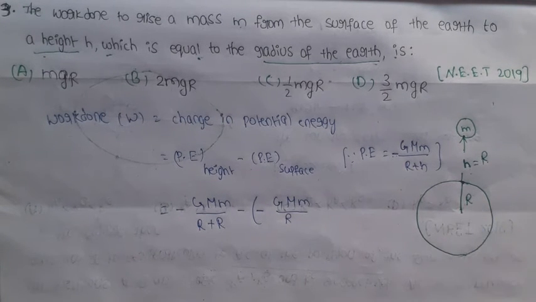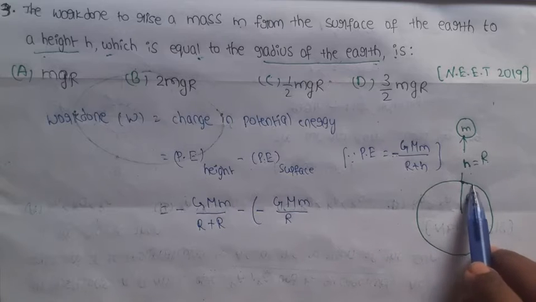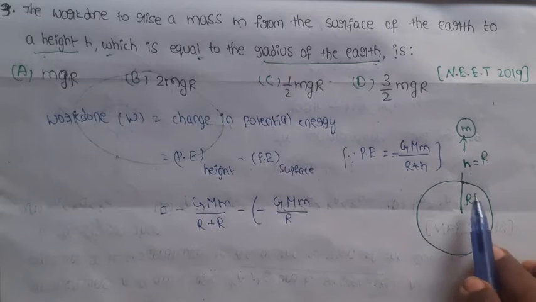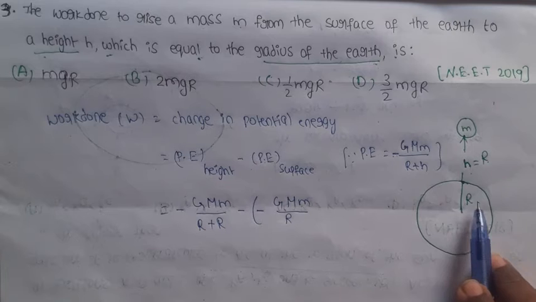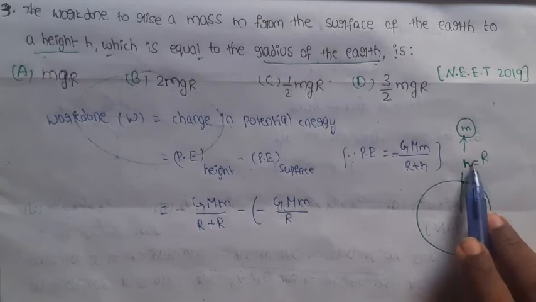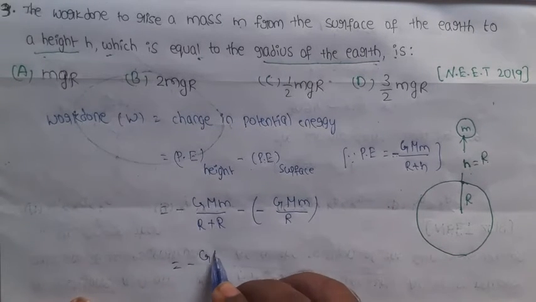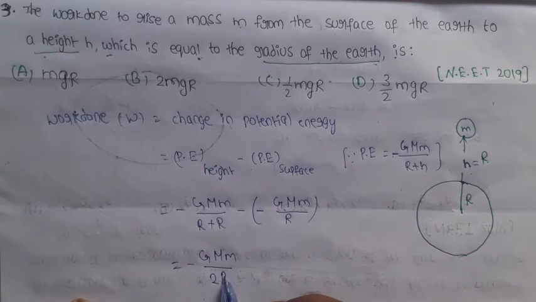The radius of the earth we already know, 6400 kilometer. When you compare the radius of the earth to the height, the height value is negligible compared to the radius of the earth. So minus G capital M small m by 2R, minus of minus, plus G capital M small m by R.